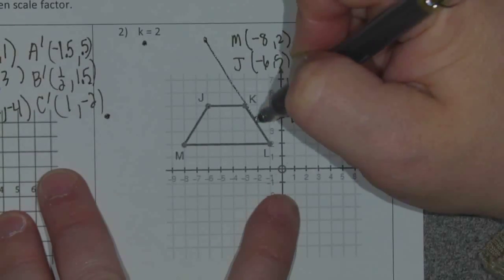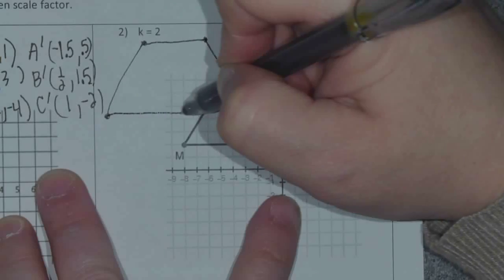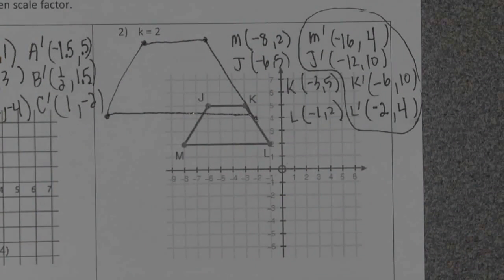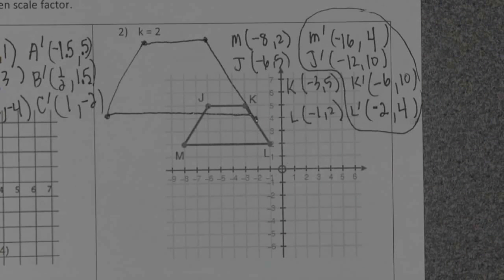And then your shapes go through those ordered pairs. And if I would have done a better job graphing those ordered pairs on some graph paper, it would look better. Okay, that is how we do a dilation.